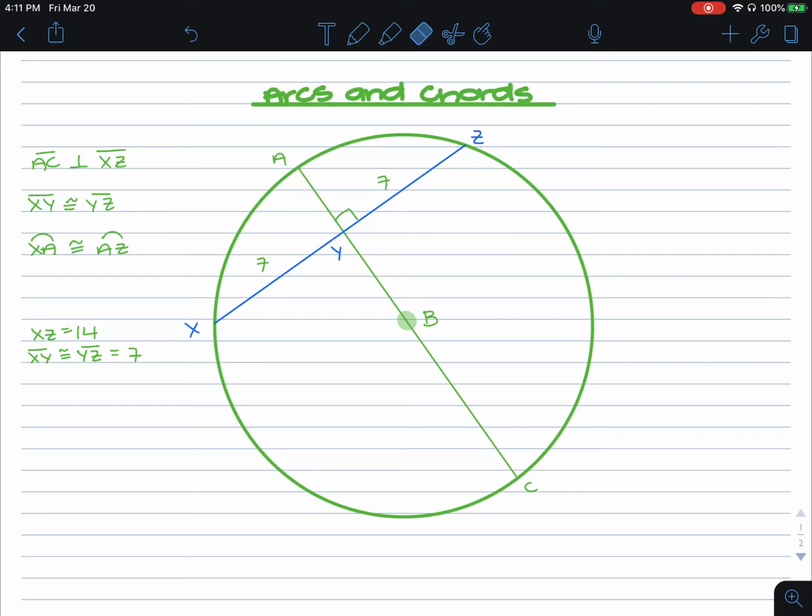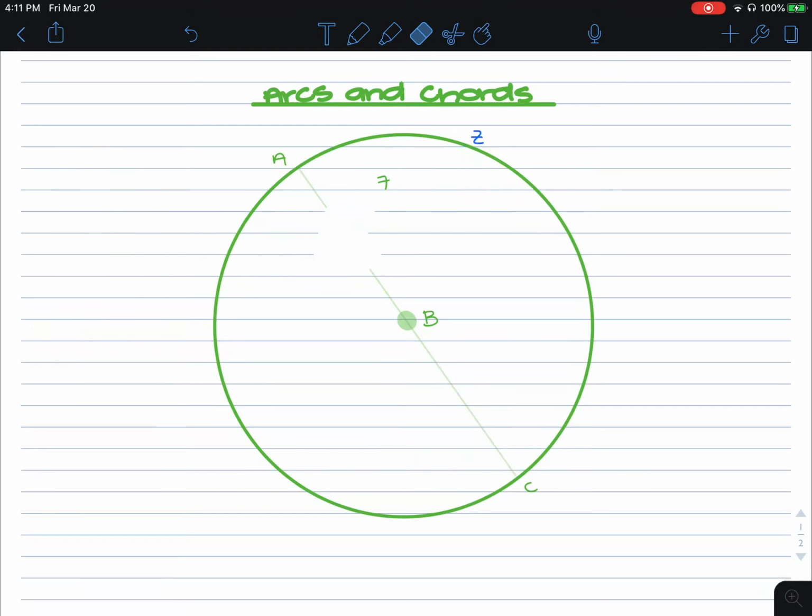Let's talk about if two chords are congruent, then their minor arcs are congruent. So I'm going to erase all this stuff. We're going to restart in here. I'm going to leave that B in the center. That's my circle B. Okay, so the other thing we talked about in 11.4 was that if I had two chords, let me just draw two chords here.